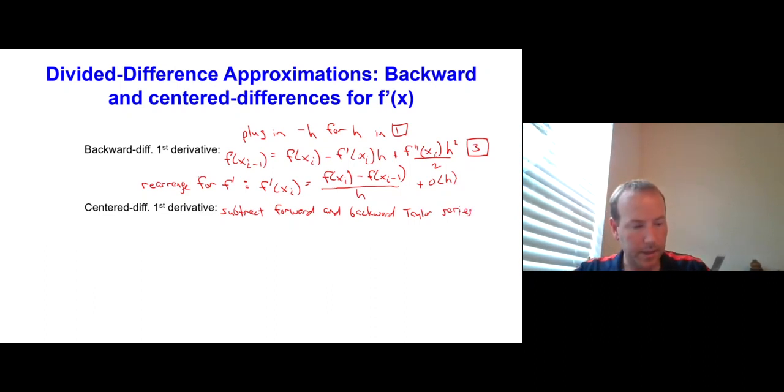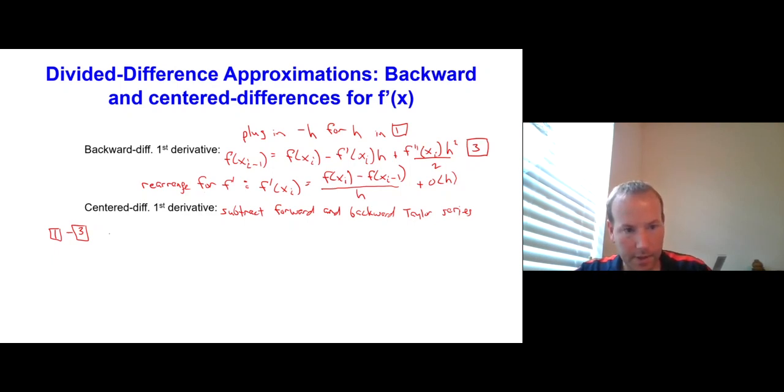Okay, so we're basically taking equation 1 and we're going to subtract equation 3. That's why it was important to keep track of what we were working with.